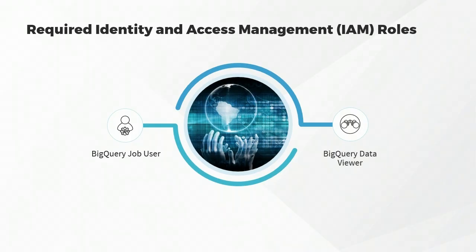And we have BigQuery data viewer, and this is so that we can look at my query references. To query views, you also need this role on all underlying tables and views. And it's great if you're using authorized views or authorized datasets. It's really important for us to have these permissions in place to be able to view the data or to run some type of job, such as an SQL job, to return some data.